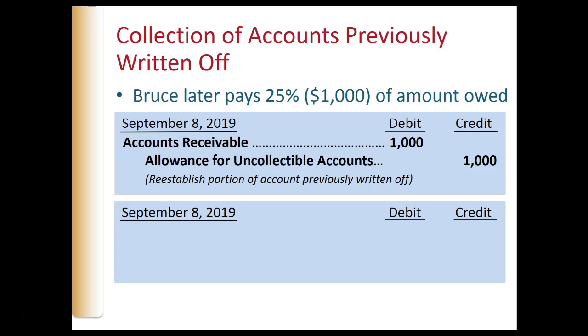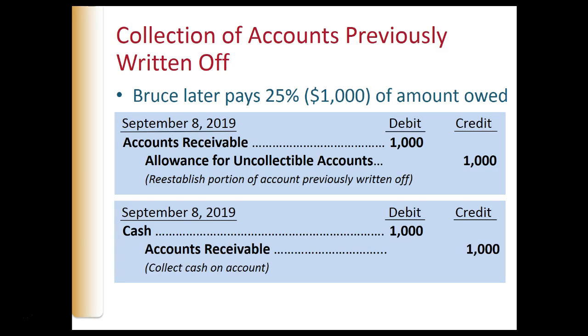So Kimsey now has to make two entries. The first entry reverses a portion of the previous entry that Kimsey made on February 23rd to write off the account. So we have to restore accounts receivable of $1,000, and we credit that allowance because we don't need that now. The second entry records the collection of the account receivable.